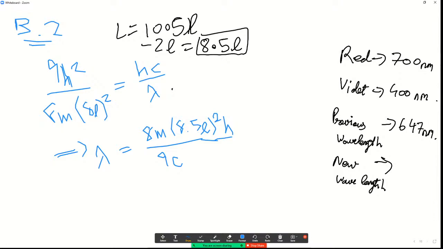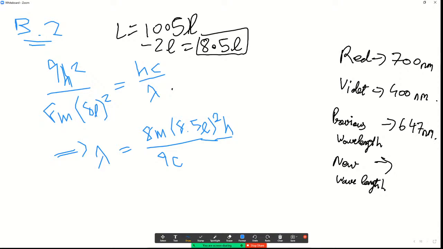Yes, I am calculating it. It is 140 picometer, 140 times 10 to the power minus 12 squared times H. H is 6.626 times 10 to the power minus 34 divided by 9 divided by 3E8.